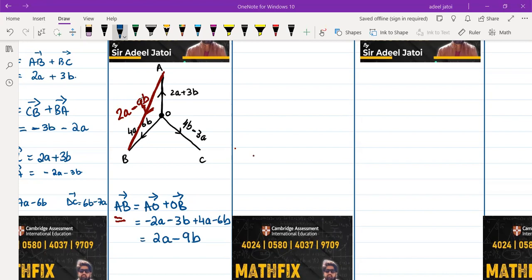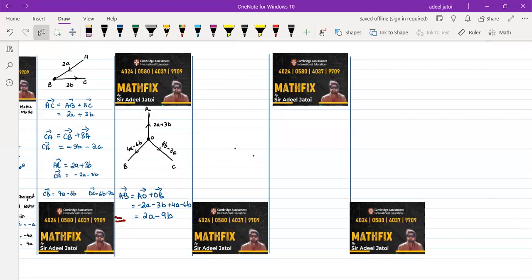Just removing it right now, because at this moment what is more important is to find out the vectors and knowing what we found out. So let's work on BC.